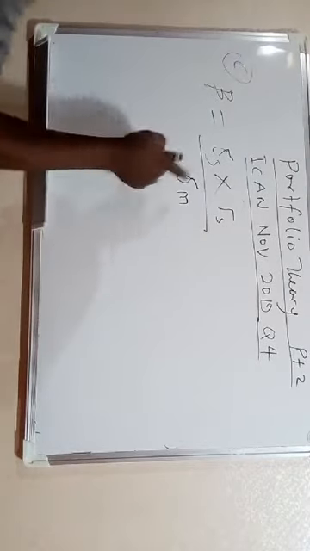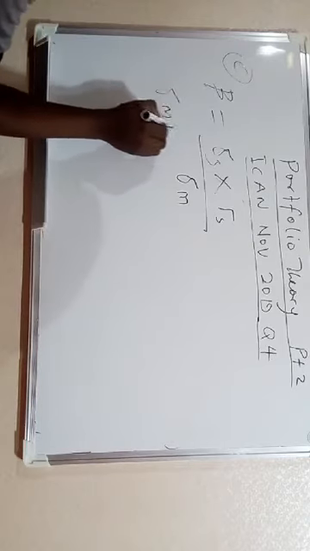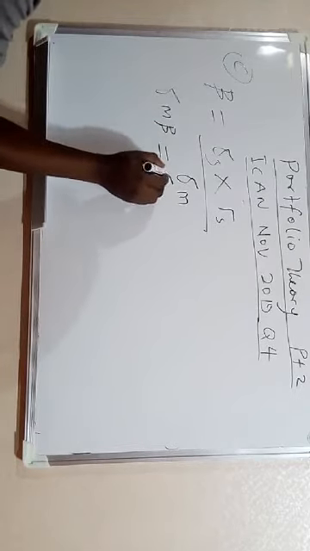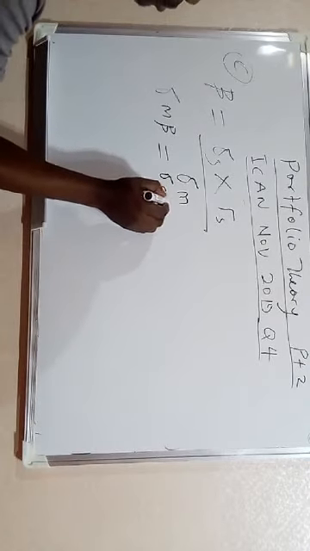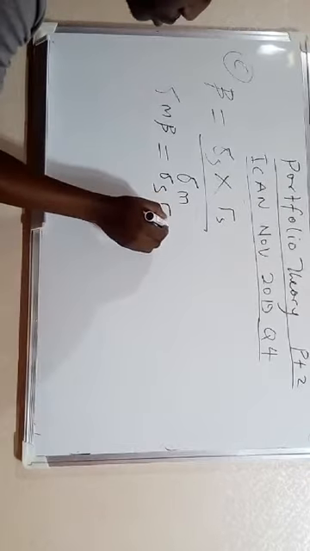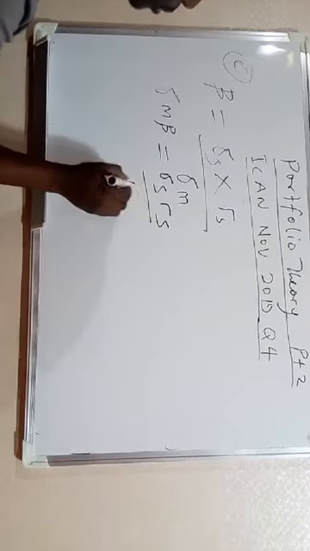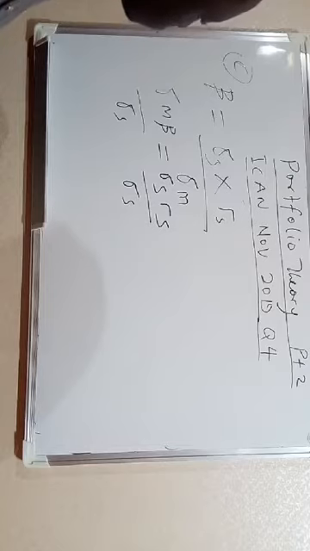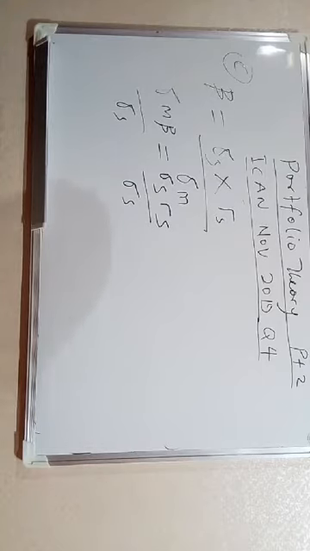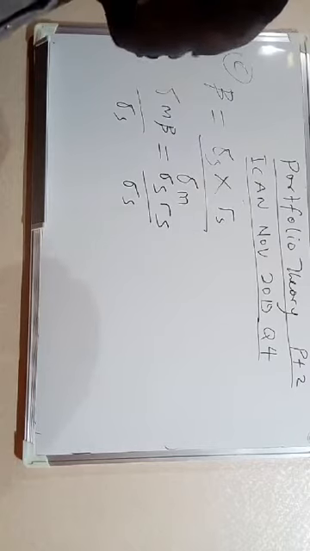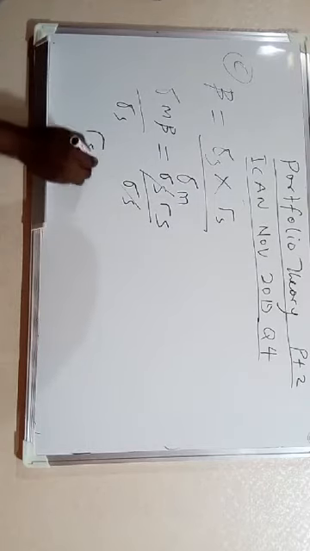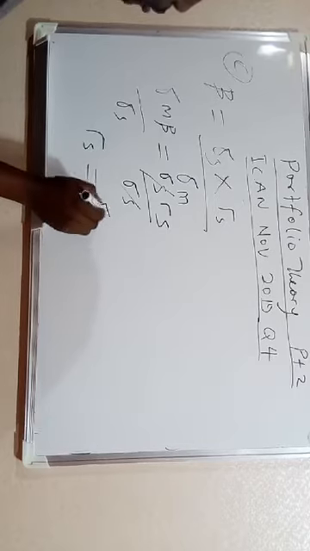If you want to make correlation the subject of the formula, you multiply both sides by the standard deviation of the market. Standard deviation of the market times beta equals the standard deviation of the security times the correlation, over the standard deviation of the market.